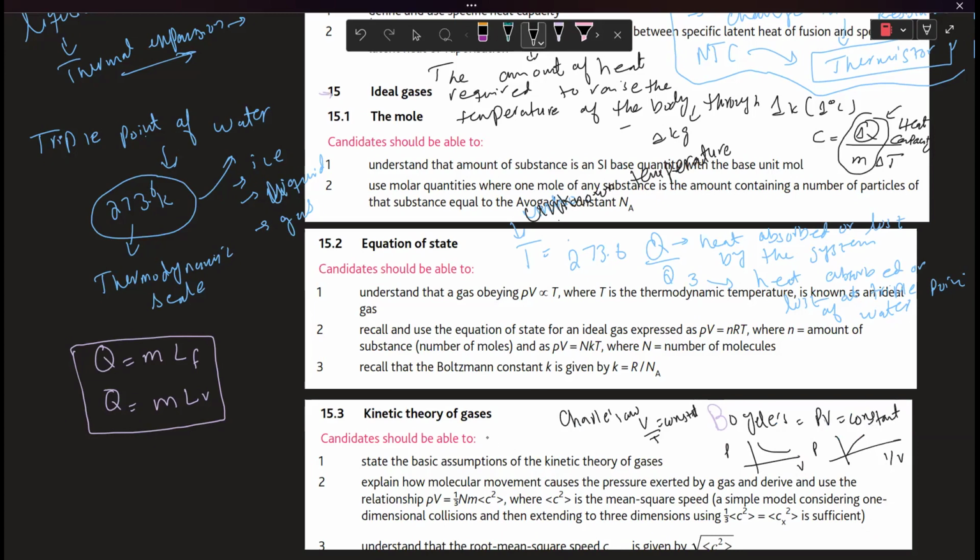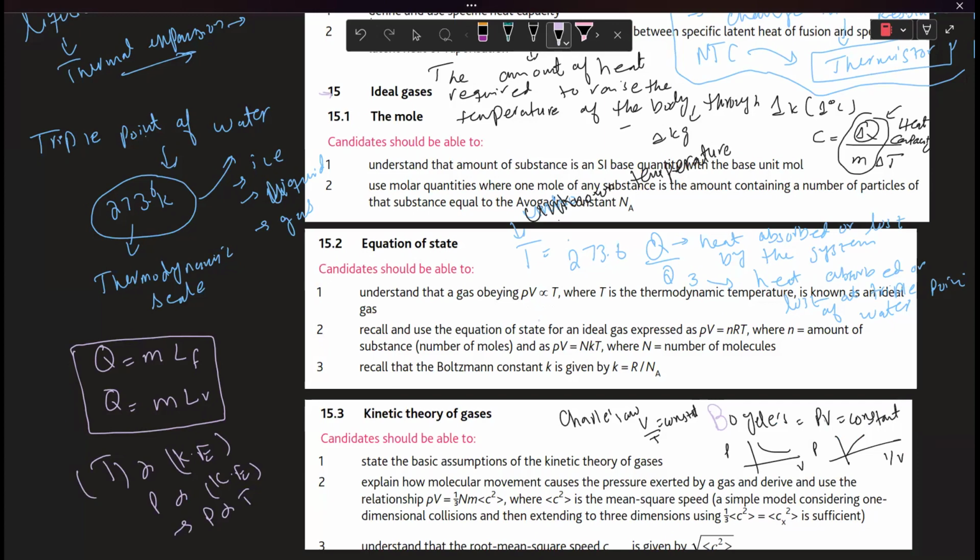This tells us that temperature is proportional to kinetic energy. We have already studied this. Pressure is proportional to kinetic energy, so pressure is proportional to temperature as well, which we found out in gas laws. Product of PV is proportional to T.